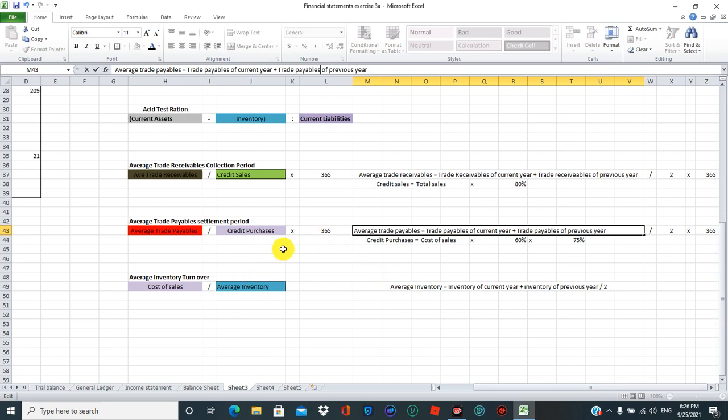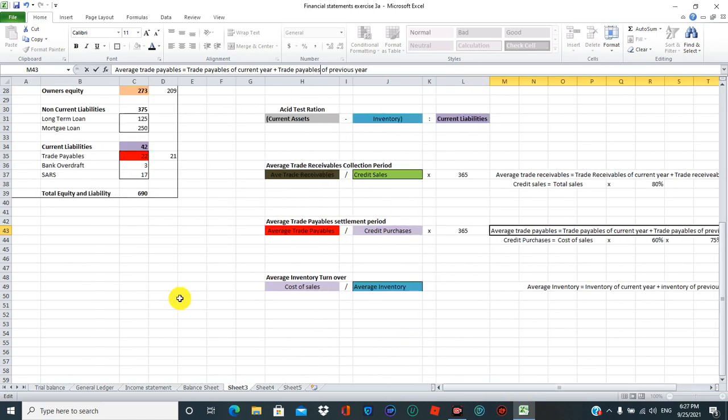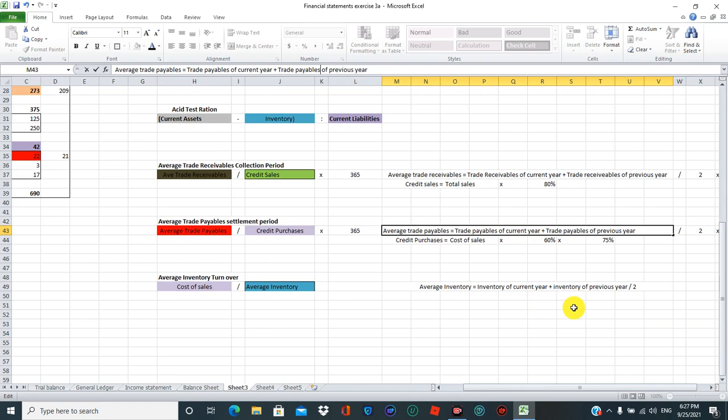And then last but not least, the average inventory turnover is your cost of sales divided by your average inventory. And once again, your average inventory is your inventory of the current year plus your inventory of the previous year divided by 2.